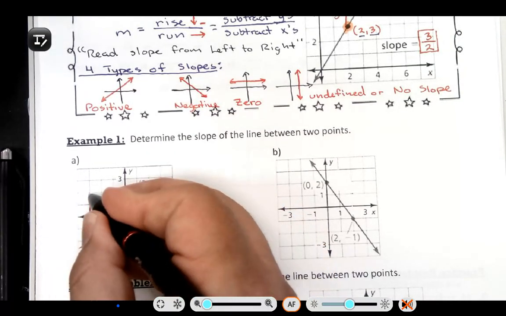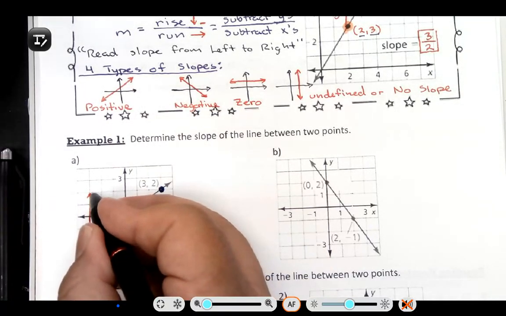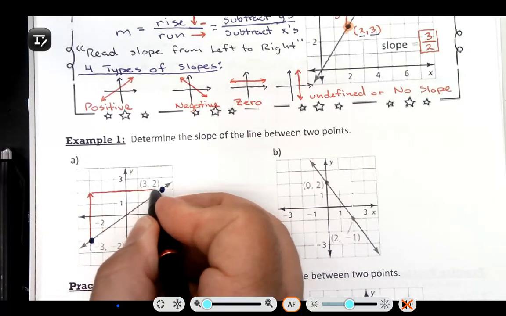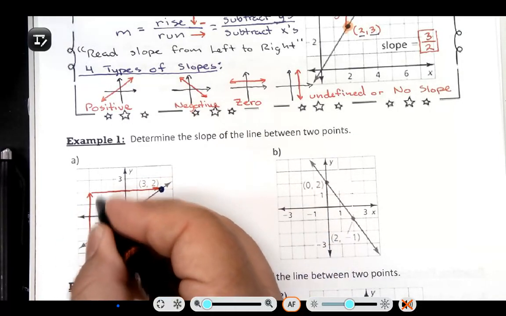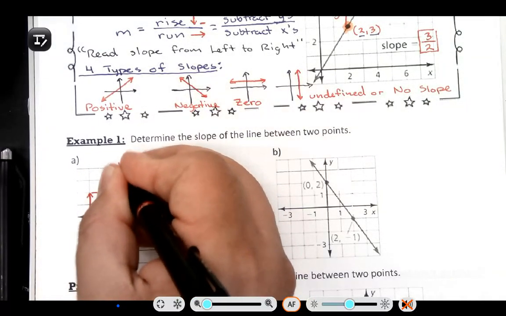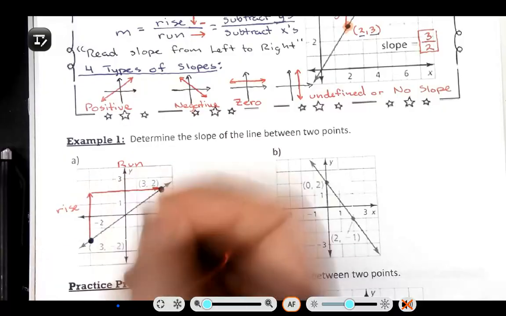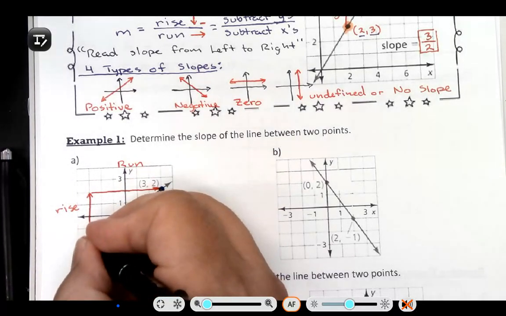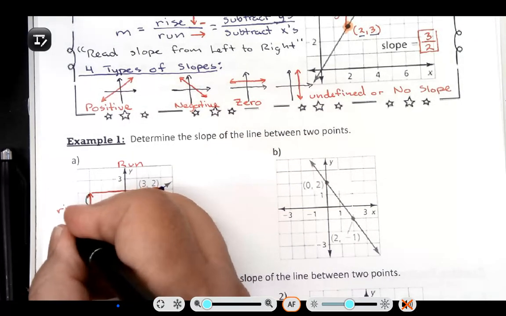So notice, I have to go up to this y value, and then I have to go over to get to that point. Notice how we're making a triangle, and it's called a right triangle because it's got that 90. But what matters here is, well, we've got to do a little bit of a count. So this is my run, this is my rise, and so now look, you can even count it up. I have 1, 2, 3, 4 spaces, so my rise is 4.